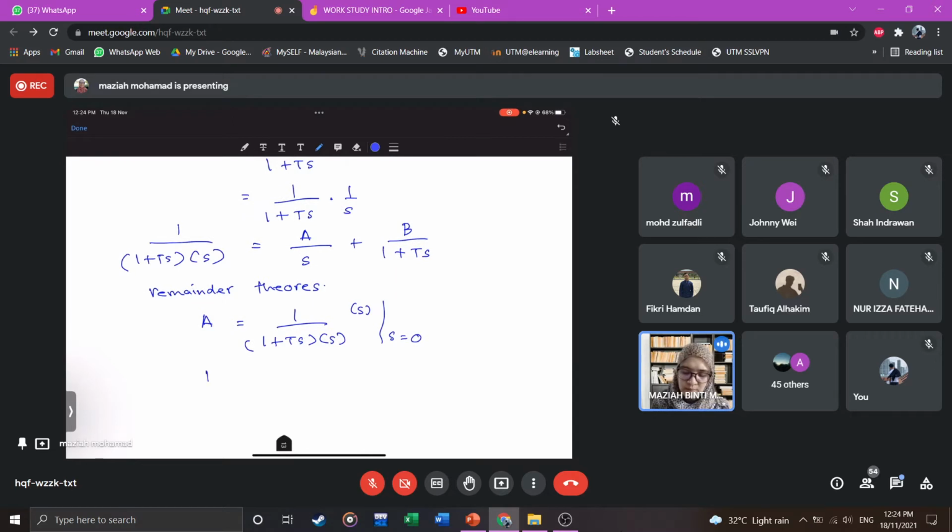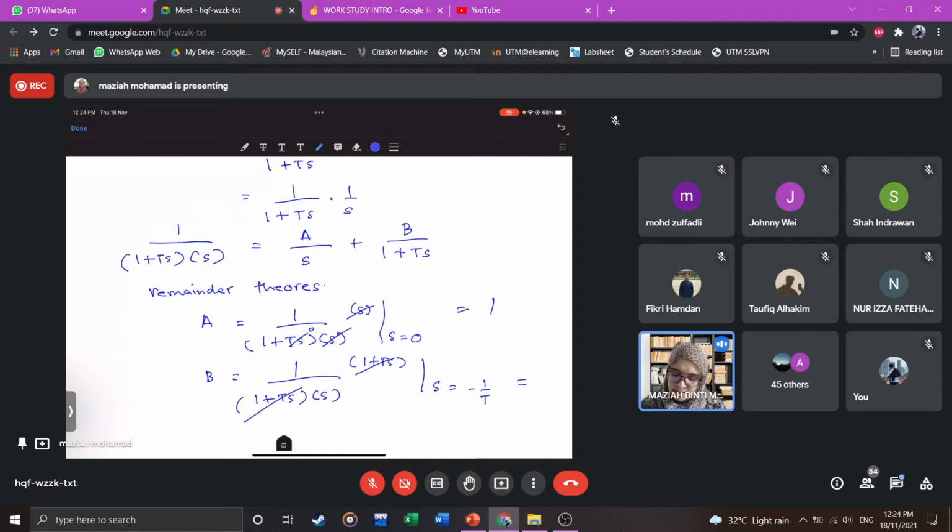For B, we take 1 over (1 plus ts) times s times (1 plus ts), where we consider s equal to negative 1 over t. You can cancel this, this becomes 0, so A is equal to 1. As for this one, you can cancel this.